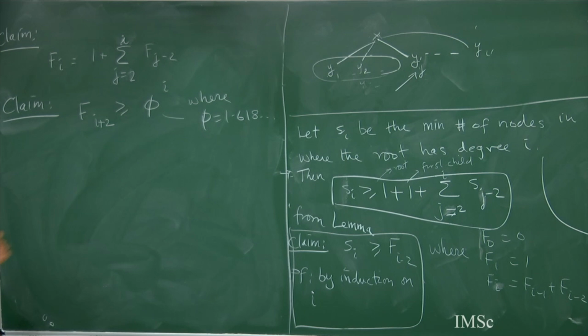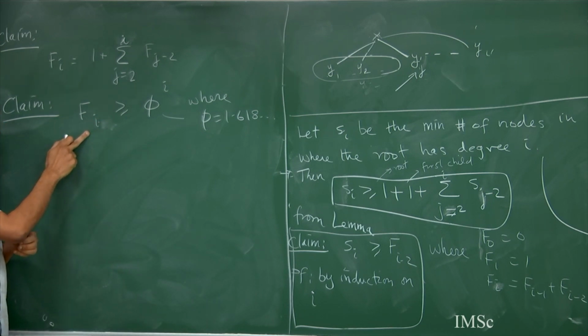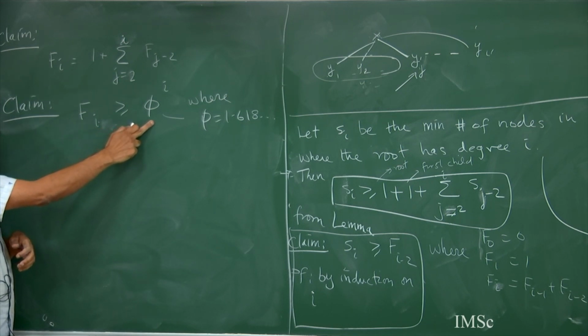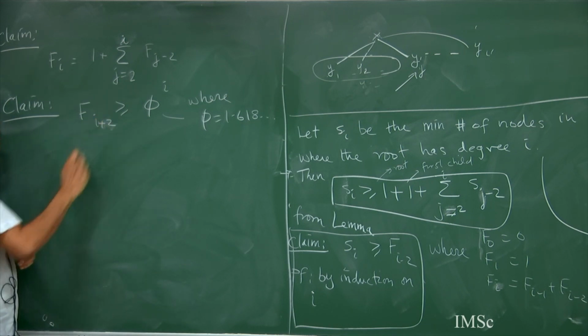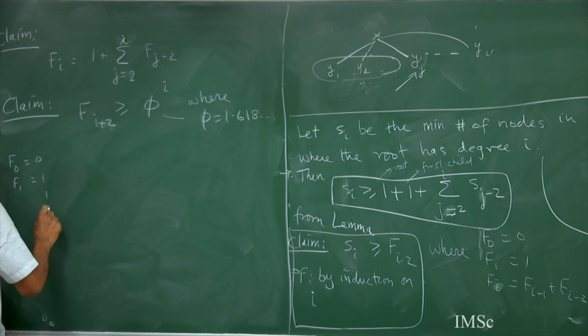What I wrote is not quite right, because if I put I equal to 1, F1 is 1, but this is phi which is more than 1. Okay, so I think this is what I want. So how do Fibonacci numbers go? Let's write this: F0 is 0, 1, 1, 2, 3, 5 and so on.